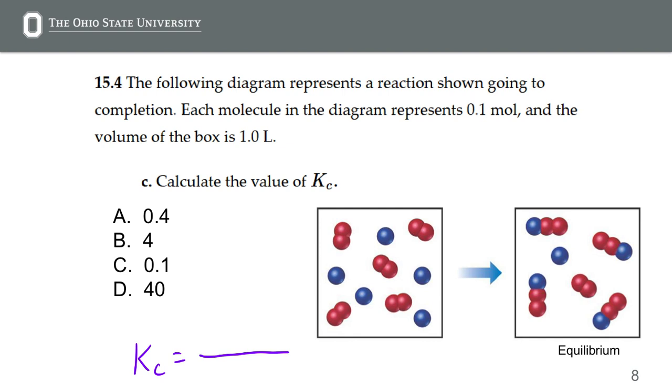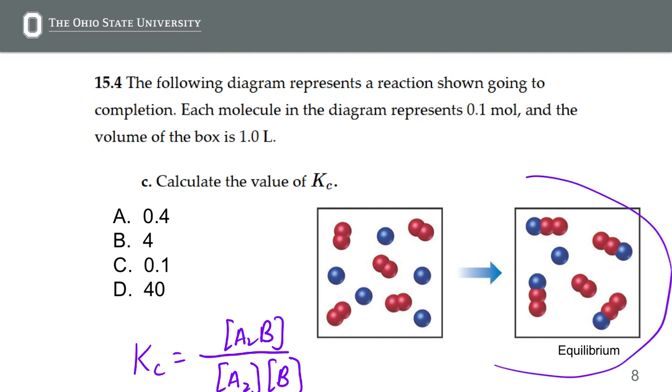Okay, so our equilibrium expression was A2B over A2 times B. So calculate K sub C. This box, the circled box, is our equilibrium box. And our equilibrium constant expression has to be concentrations of things at equilibrium. Okay? Take a minute there.